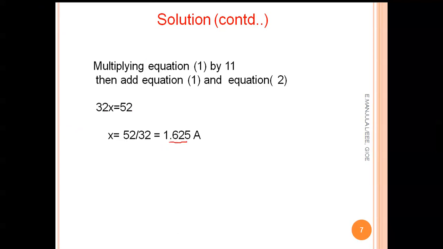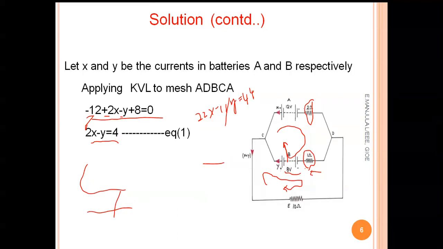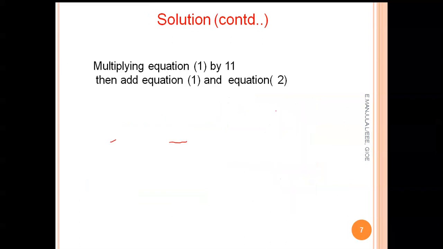But we know x. What is x? X is a current, which is coming out from that 12 volts battery. That direction, if we go back, see here, this is a current. So hence it is amps.